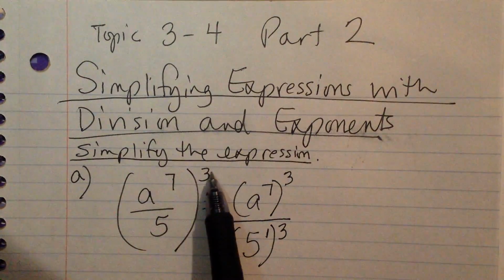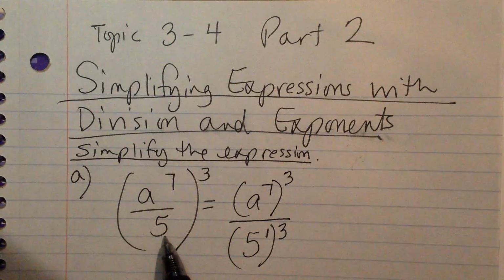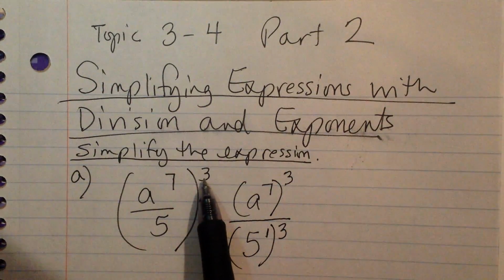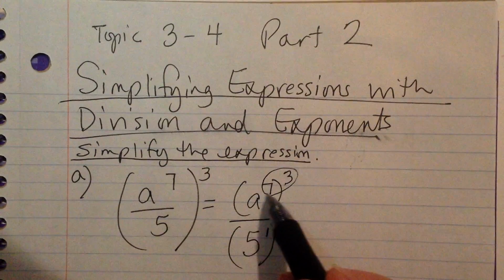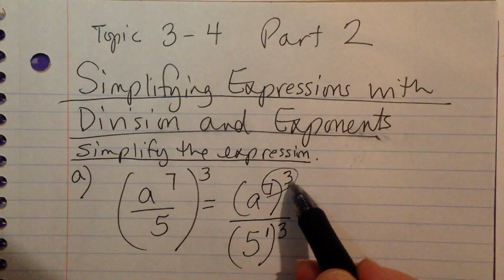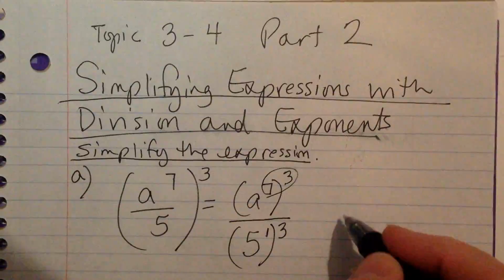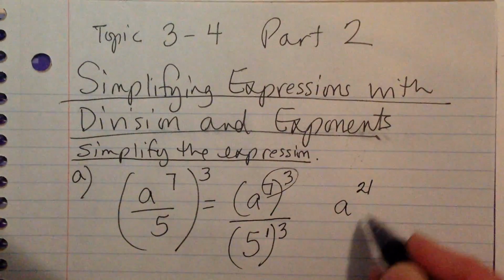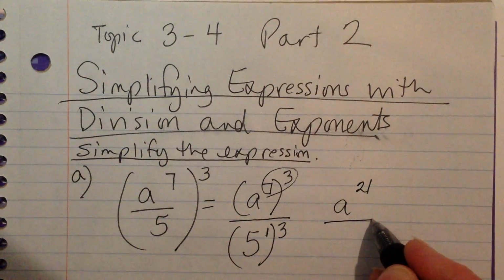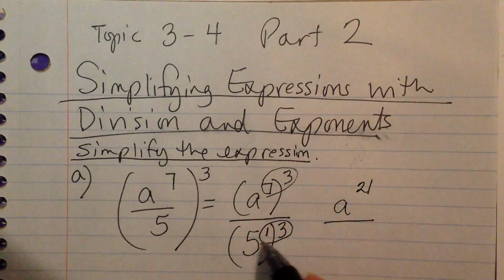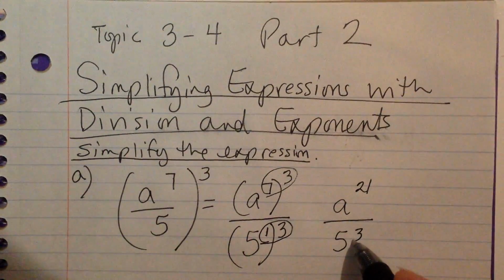I raise the numerator to the 3rd power, and I raise the denominator to the 3rd power. Multiply those exponents when one's inside and one's outside. 3 times 7 gives you 21. A to the 21 divided by 1 times 3 gives you 5 to the 3rd.